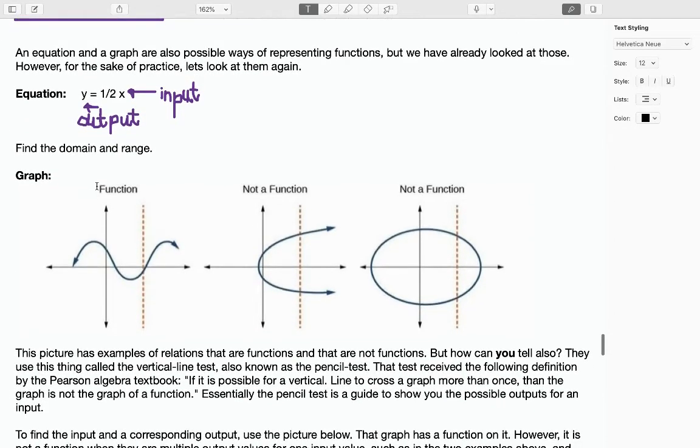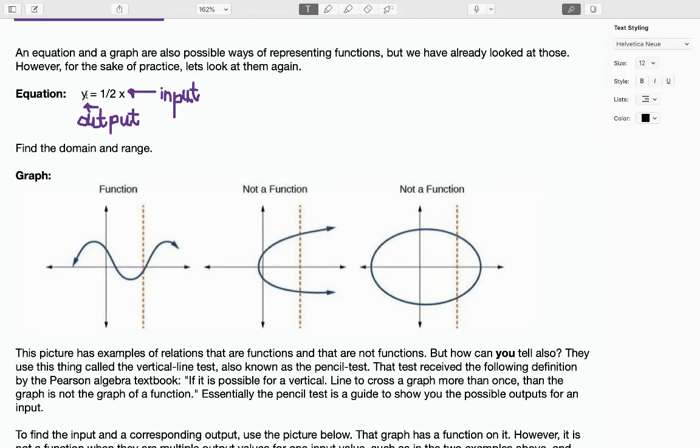Okay, let's go to the next one. An equation and a graph are also possible ways of representing functions, but we have already looked at those. However, for the sake of practice, let's look at them again. So here's an equation. y equals 1/2 x, or x over 2.